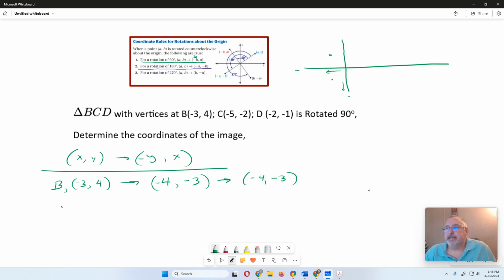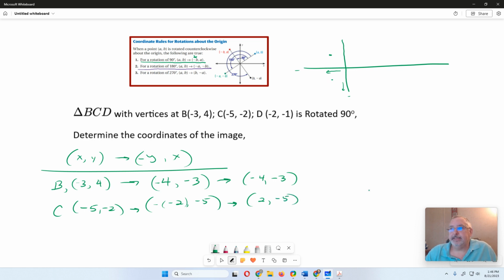We've got C at (-5, -2). We apply our rule: we swap the x and the y, and find the opposite of the y. This gives me a point at (2, -5).